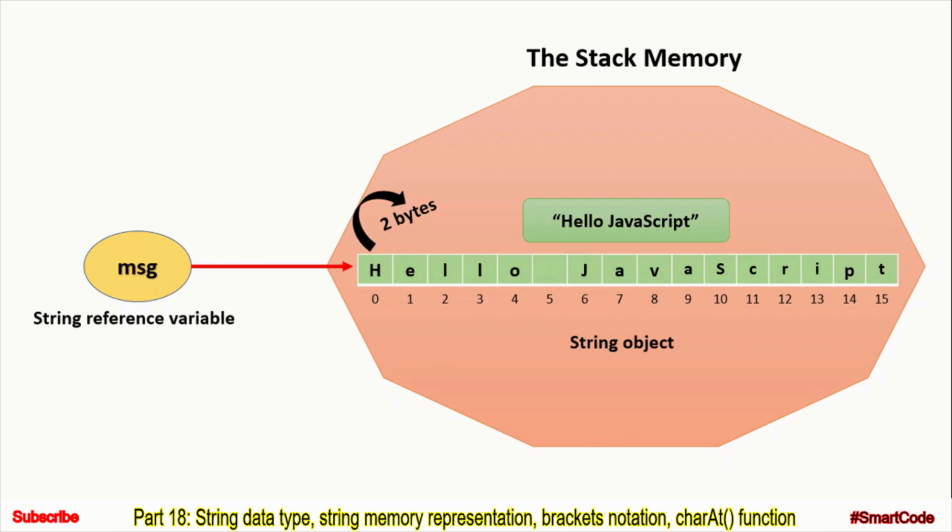Now, if you remember, in the last tutorial I said you would see a use of the length property in this tutorial. So let's see how the length property will help us find the index value of the last character. When I apply the length property to this string, I will get 16 because the number of characters in the string is 16, and the index of our last character is 15. This is because the index always starts from 0.